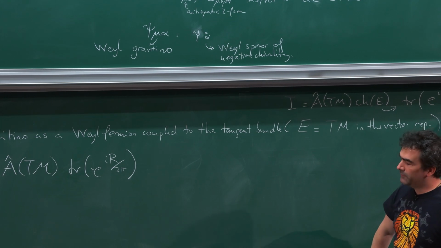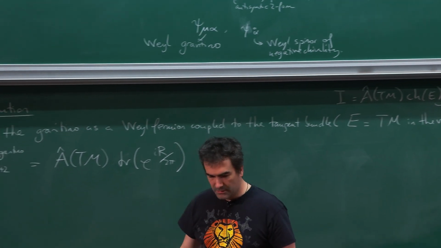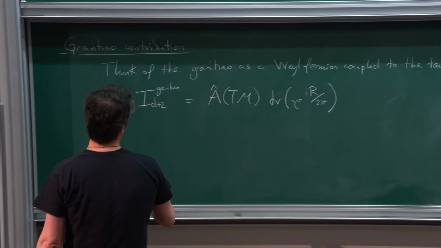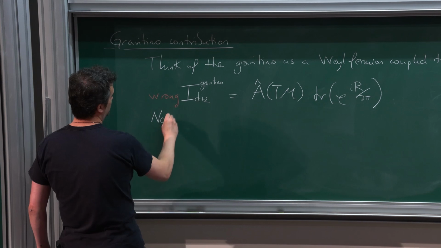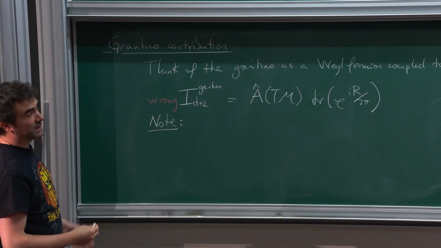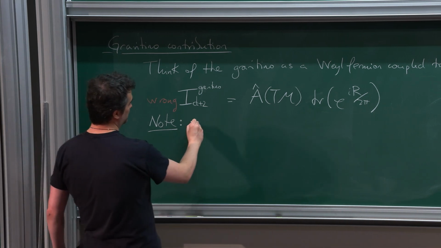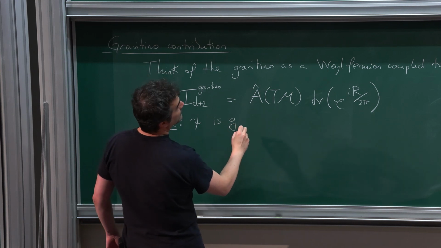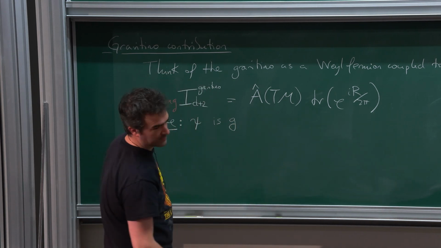There's a simple way of taking this into account. So the idea is the following. The physical gravitino is going to be a spin 3/2 particle. Sorry, my notation is not great, is it?